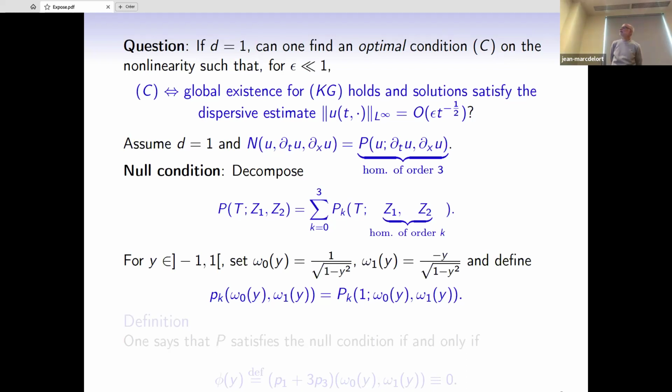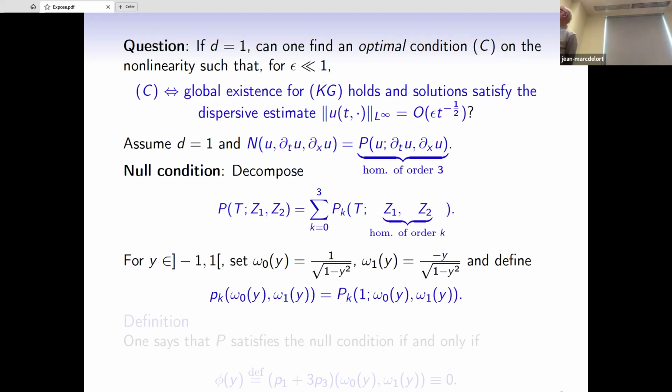These quantities are actually pretty natural, because if you remember that a solution of a linear Klein-Gordon equation has asymptotically oscillatory behaviors with components oscillating like e to the i square root of t squared minus x squared and e to the minus i square root of t squared minus x squared, this omega 0 of y is just actually the ∂t derivative of this phase, square root of t squared minus x squared, when you set y to x over t.